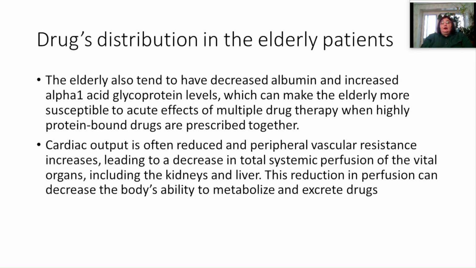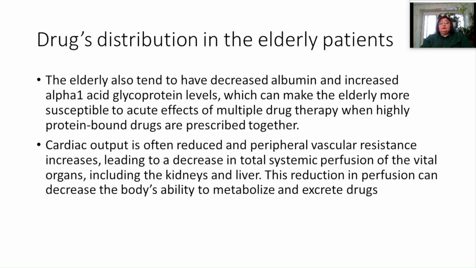The elderly also tend to have decreasing albumin and increasing alpha-1 acid glycoprotein levels, which can make the elderly more susceptible to acute effects of multiple drug therapy when highly protein-bound drugs are prescribed together.